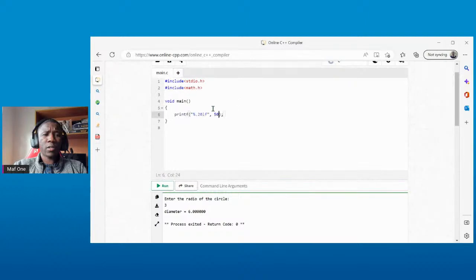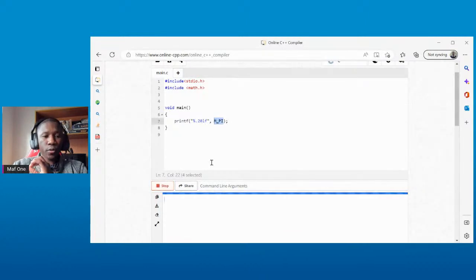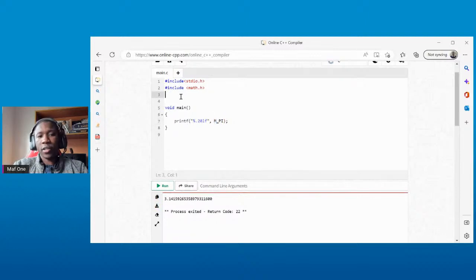That's called what? M_PI. Yeah, this is M_PI. M_PI is a macro which is already defined in math.h. Include math.h. In here you have this, which is the full pi. So use this instead of defining it yourself.